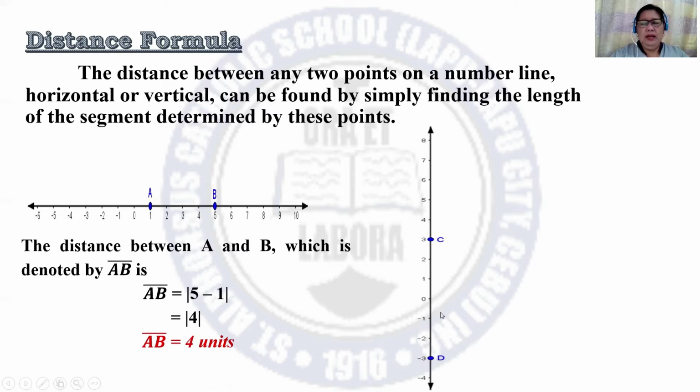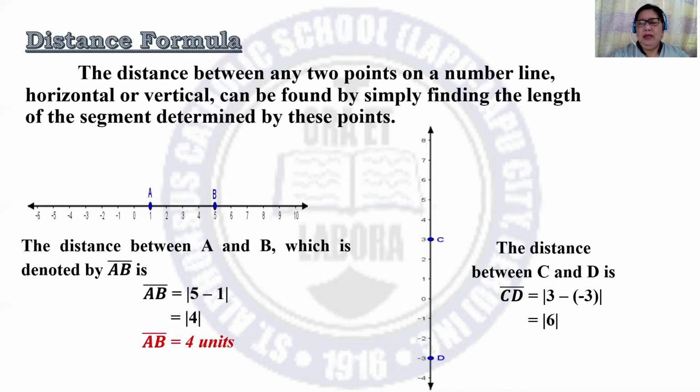Using this number line in vertical form, the distance between C and D is denoted by segment CD, which is equivalent to the absolute value of 3 minus negative 3. Simplifying, we have 3 plus 3, which is the absolute value of 6, and the absolute value of 6 is positive 6.